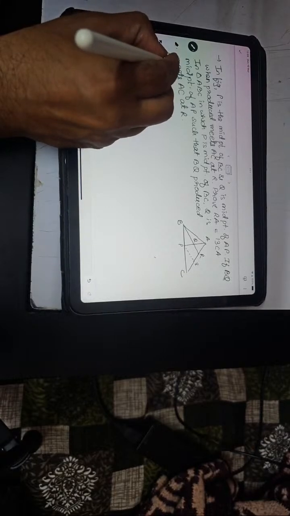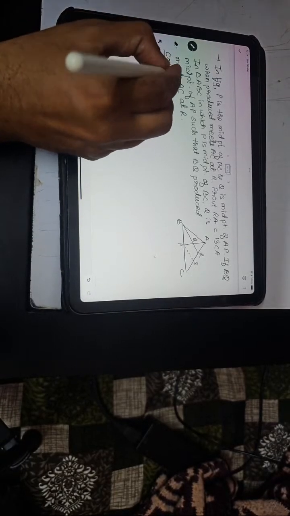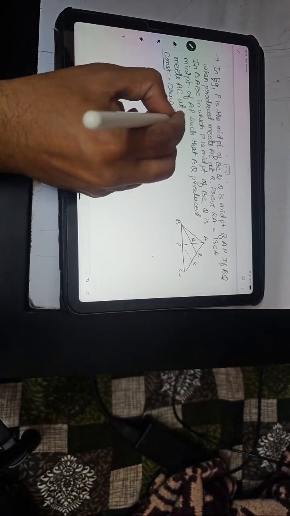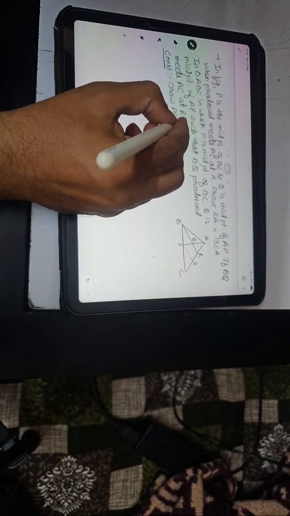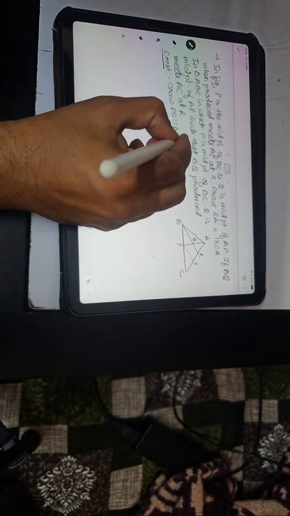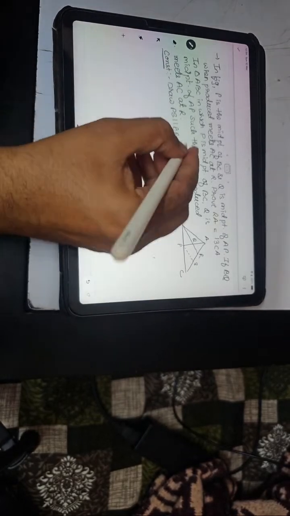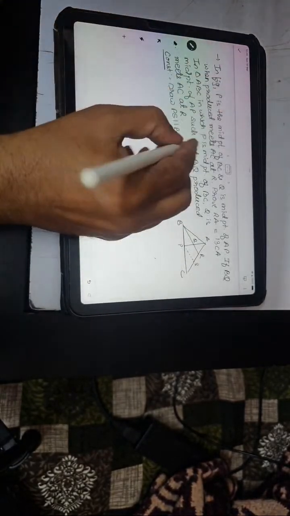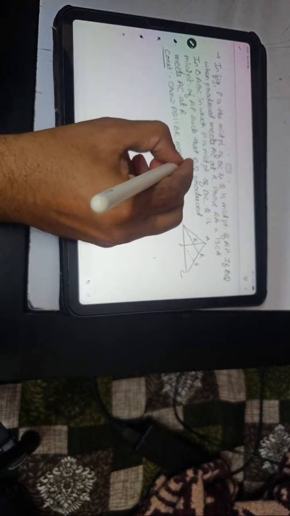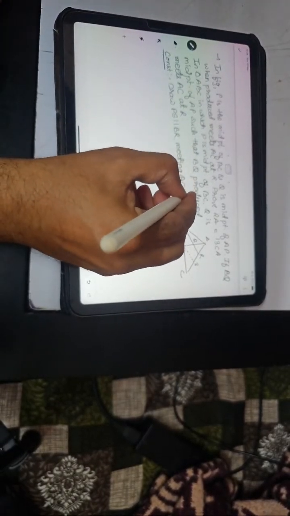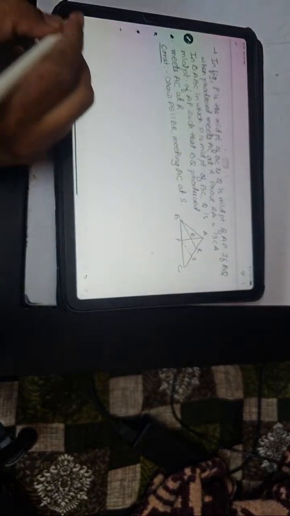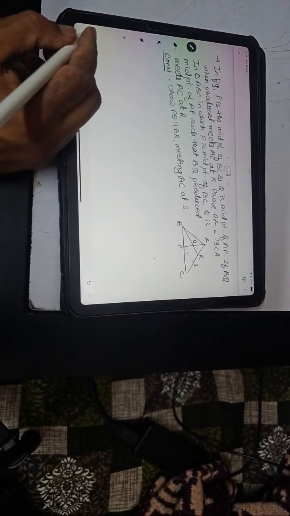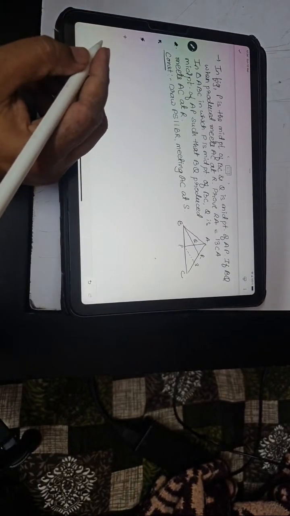Now construction, what I am doing: draw PS parallel to BR, meeting AC at S. So see, now parallel came, that means I have to go for BPT.